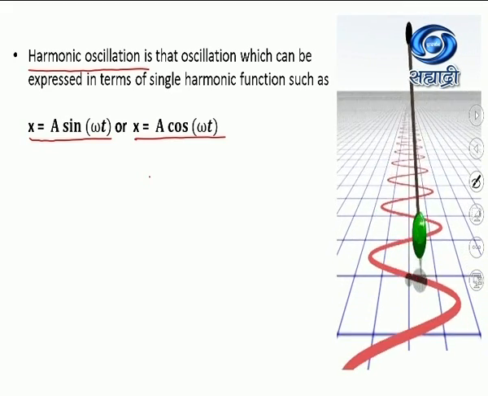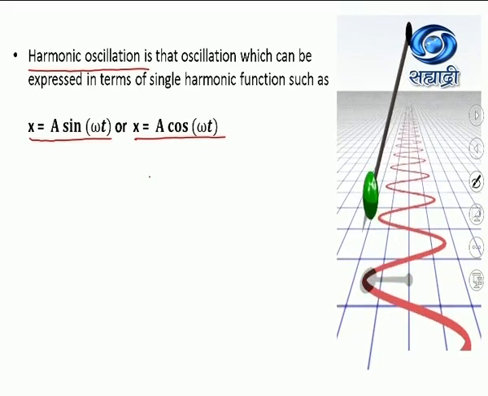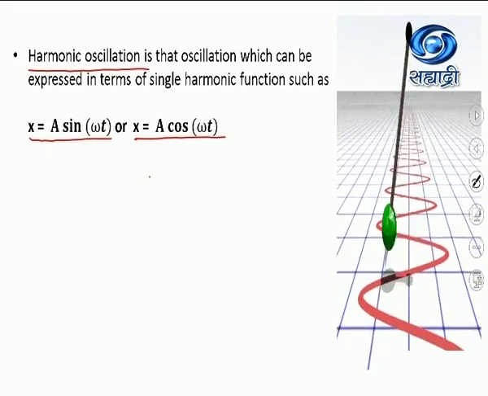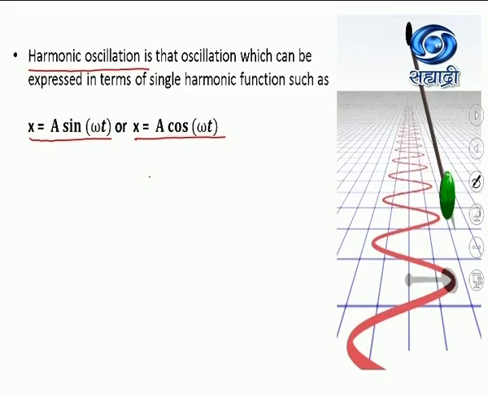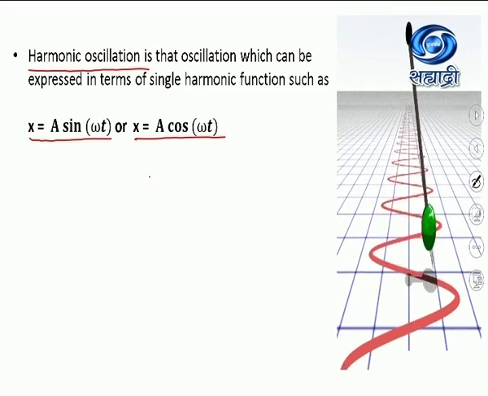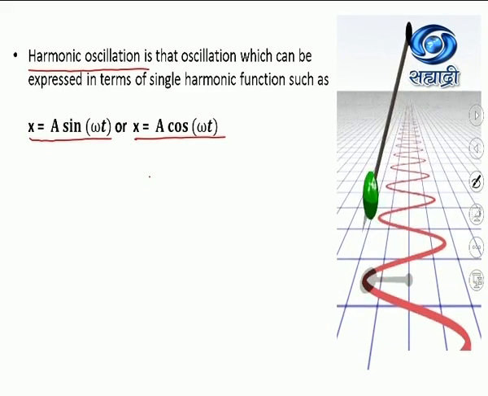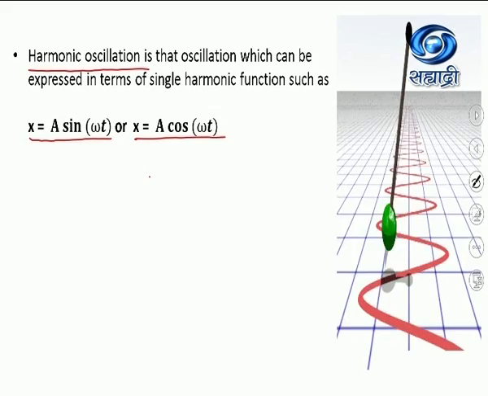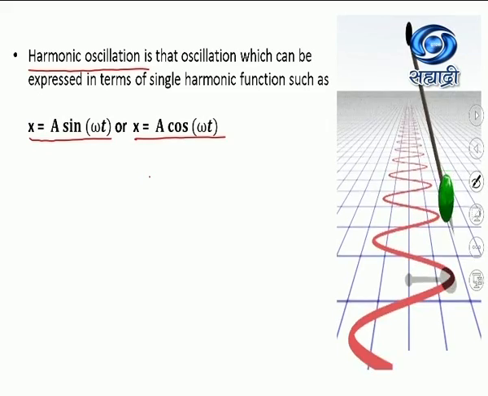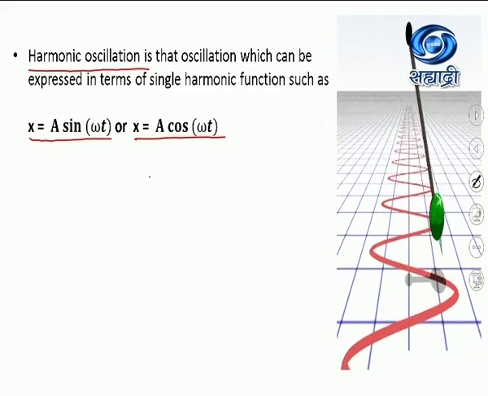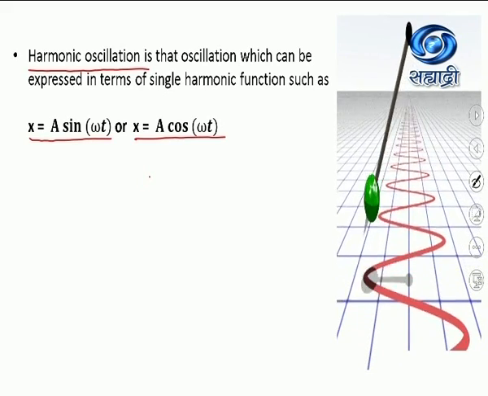For example, here in the animation, it is observed that the motion is similar to the simple pendulum. The pendulum is getting displaced instant by instant, and at the lower side the displacement versus time graph can be observed, which is either a sine curve or a cosine curve.